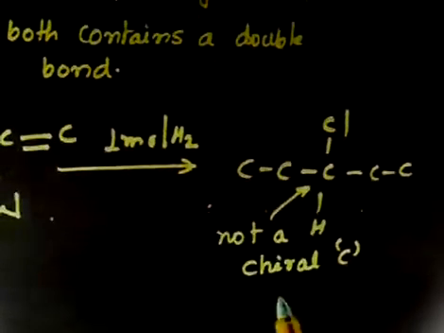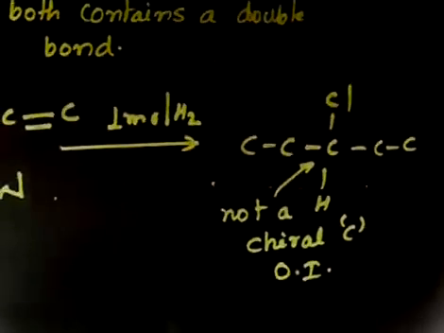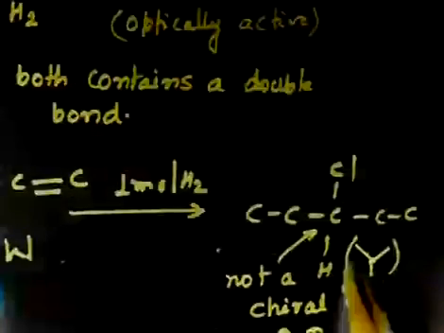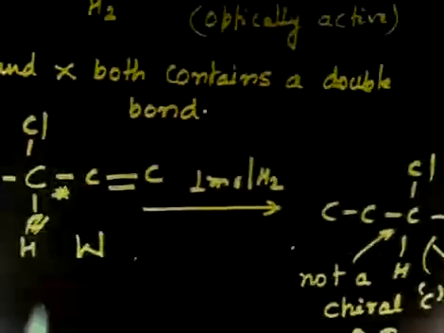So this means optically inactive. So this is W and this is your compound Y. We have deduced the structures of W and Y.